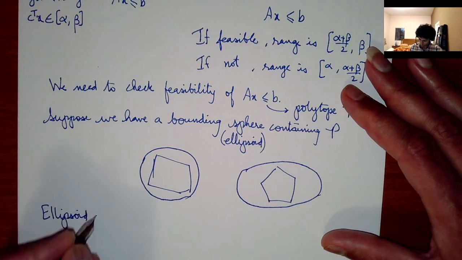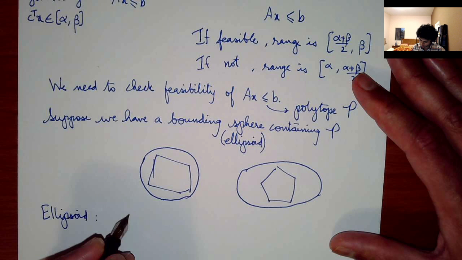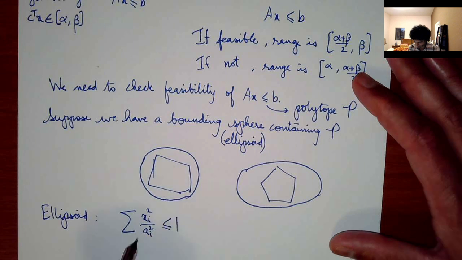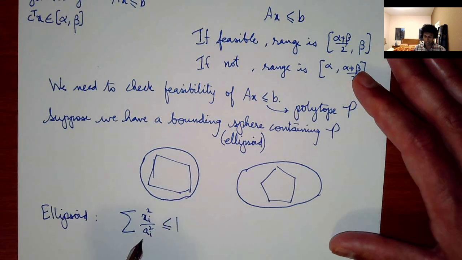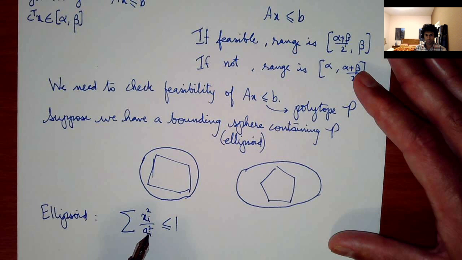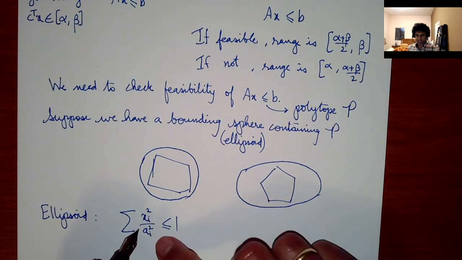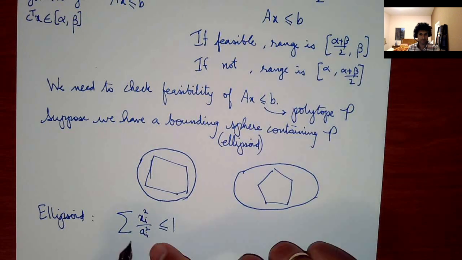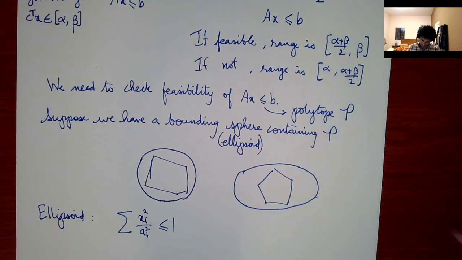An ellipsoid essentially is given by the equation summation xi squared divided by ai squared is less than 1. That's an ellipsoid. So if all the a's are the same, this is a sphere. So one way to think of it is it's like a sphere, except you stretch out certain dimensions. This is an axis parallel ellipsoid.